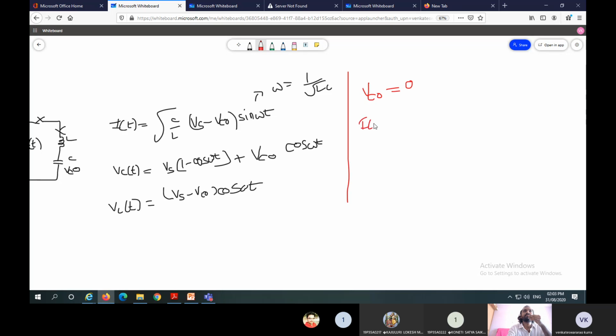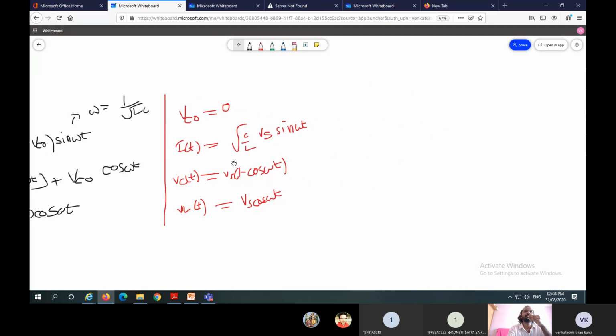Then I of t equal to square root of C by L, Vs sin omega t, and Vc of t equal to Vs into 1 minus cos omega t, and VL of t equal to Vs cos omega t.